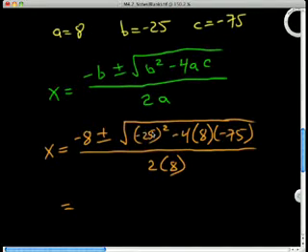Opposite of b. Oh! Wait a minute. Right here, isn't it? Aha. Yep, you're right. You guys are the best. Saving me potential errors. Yep. Negative 25, plus or minus.